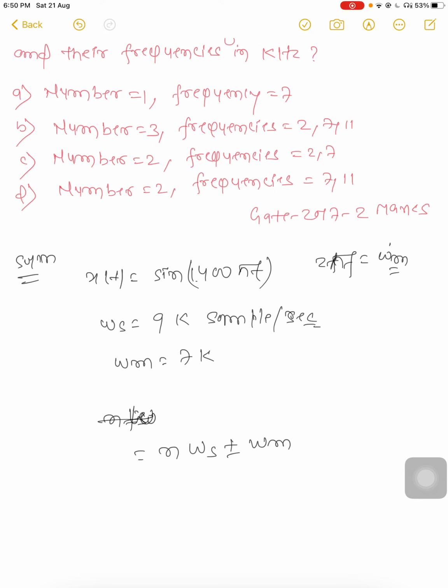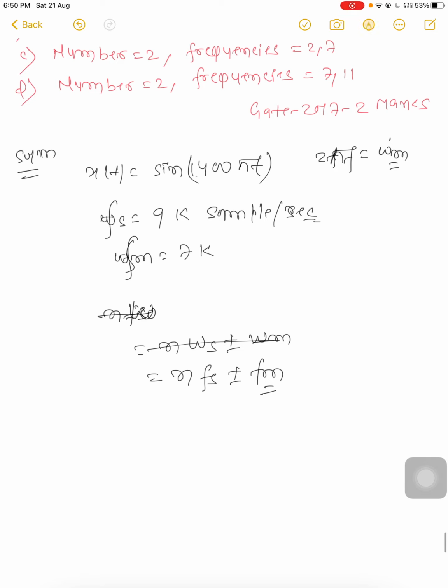I have taken omega, so you can select it in terms of f also. This one is fs, and this one is fm. So the spectrum is at n fs plus or minus fm, in hertz.